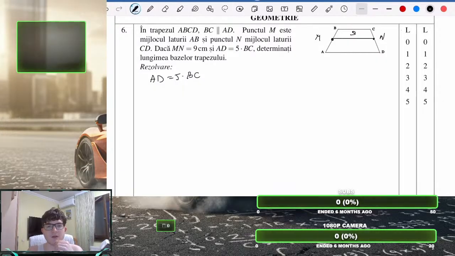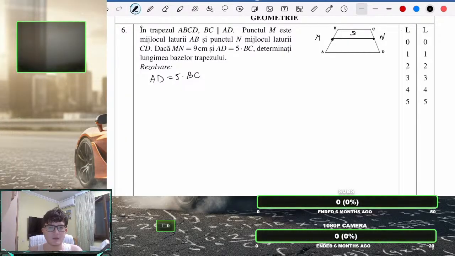BC is parallel with AD, obviously. Why do you even have to write down that BC is parallel with AD? It's clear from the drawing here. M is basically the middle of AB, and N is the middle of CD.